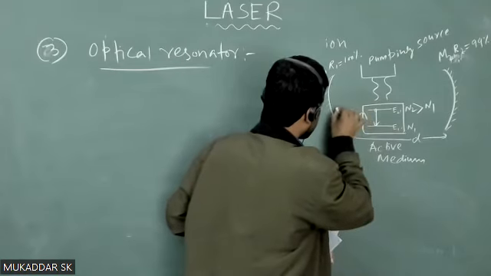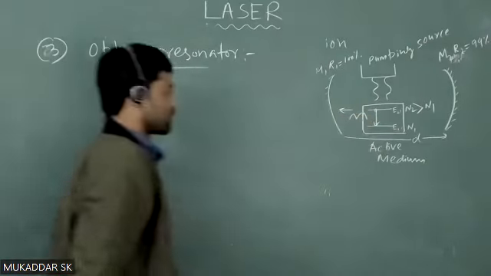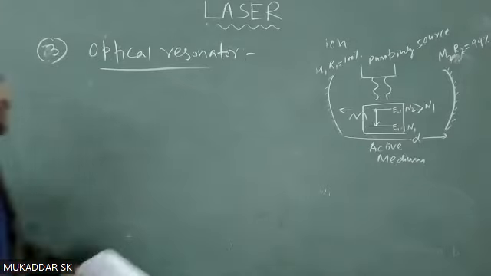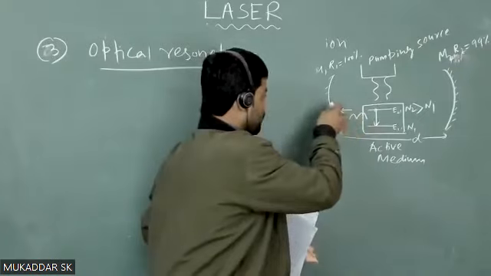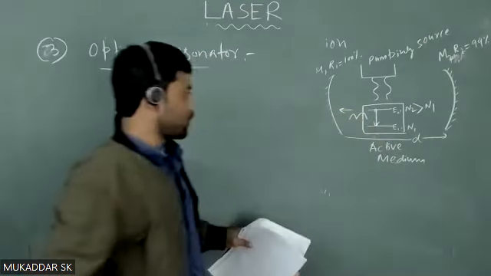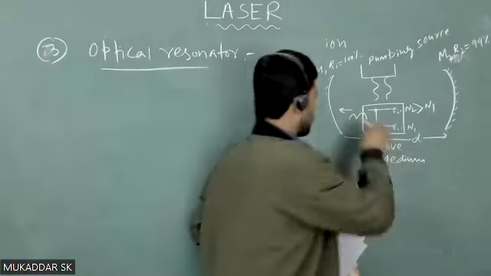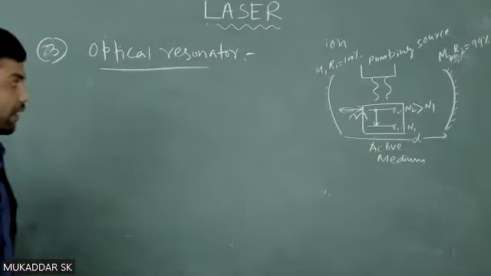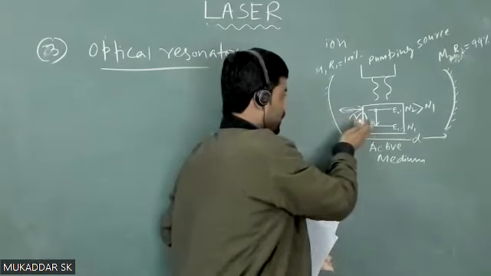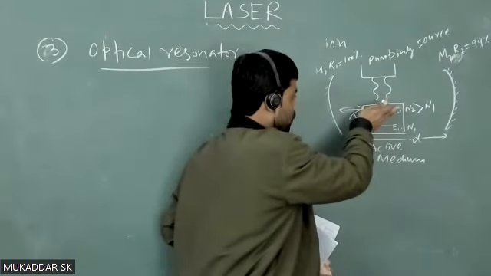Let us assume this photon goes in this direction. Since this mirror is highly reflecting, it will be incident on this mirror, reflected back, and go in the forward direction.